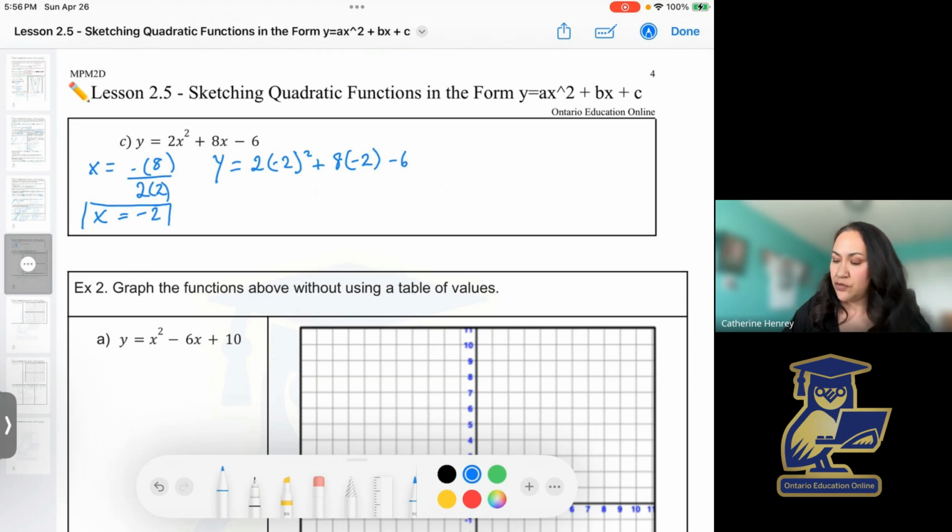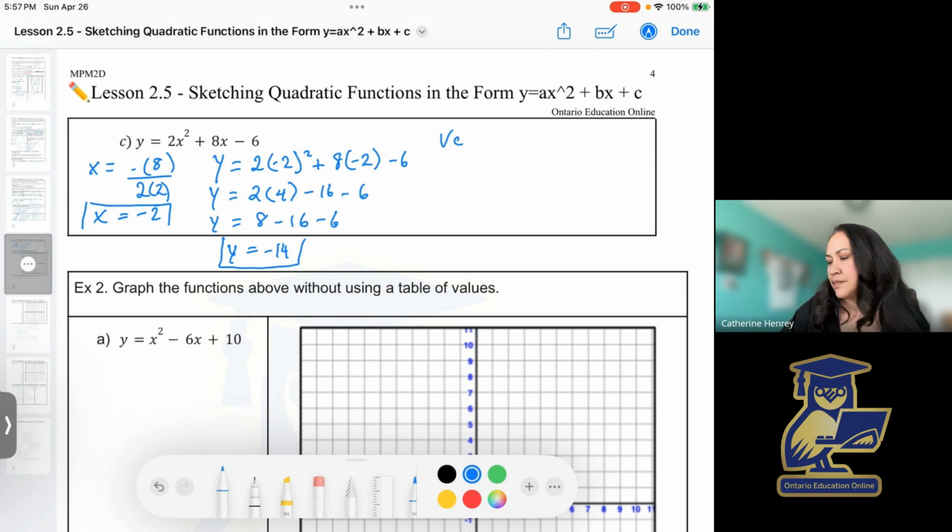If I simplify, I get 2 times 4 minus 16 minus 6, and I get y equals 8 minus 16 minus 6, and my y value is -14. So my vertex is (-2, -14).